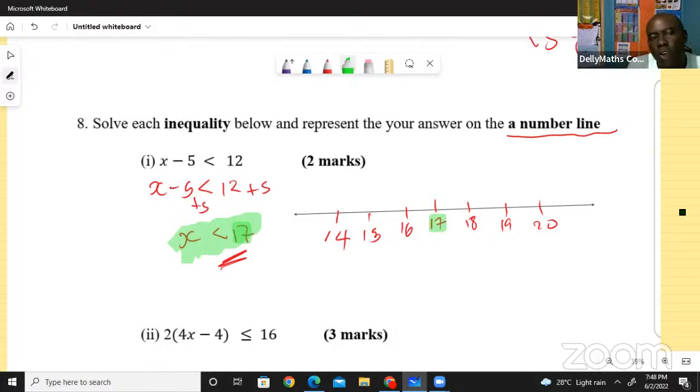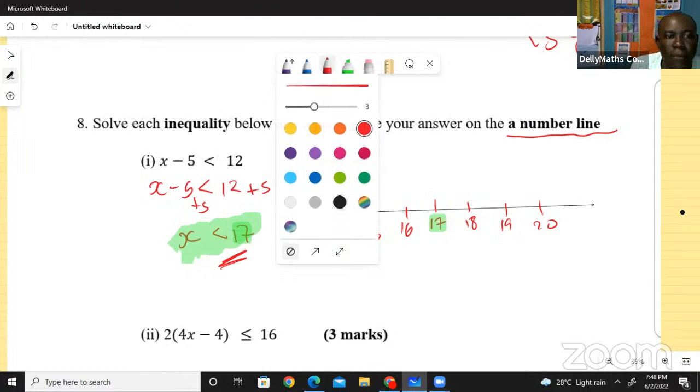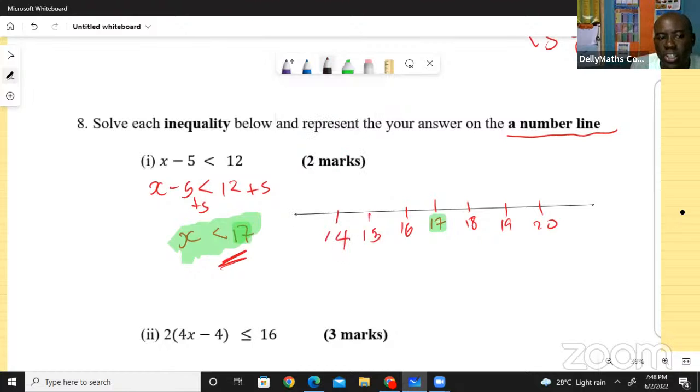Now, when you're representing your answer on the number line, watch me. You're going to put a little circle over the number, which is the key number. See it there? You put a little circle over it. Now, if you see a bar under your inequality, you're supposed to shade this.